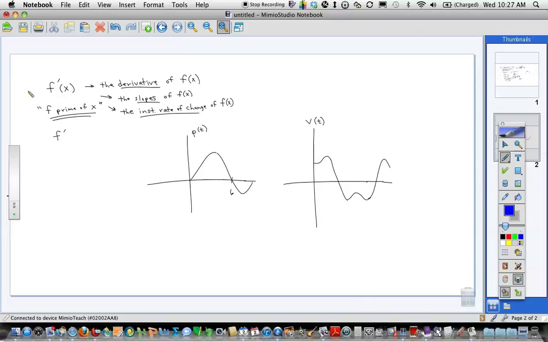Now, then he goes west of Bismarck, and then back at 8, he comes back. So at 8, he's back at Bismarck. Now, what do those points correspond to on the velocity graph? The 6 and the 8.